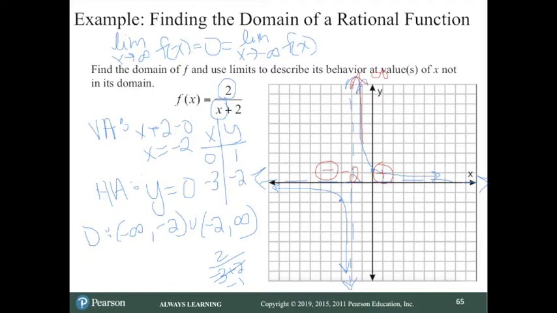So we can write that as a limit, and we would say the limit as x approaches -2 from the right, the little plus, meaning from the positive side, of f of x equals infinity. So the limit as x gets closer to -2 from the right-hand side is that our y value is going up. Very similar to the polynomial end behavior, but it's happening not at the ends of our graph now, but in the middle of the graph.